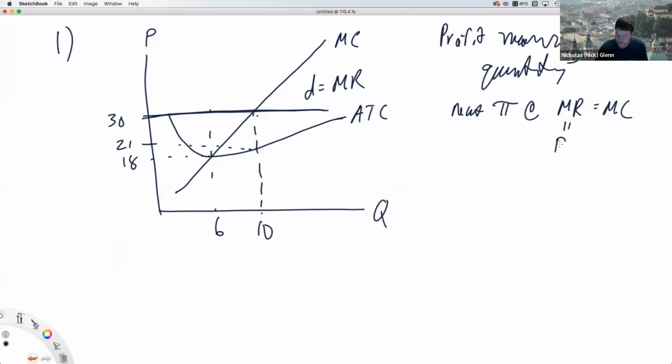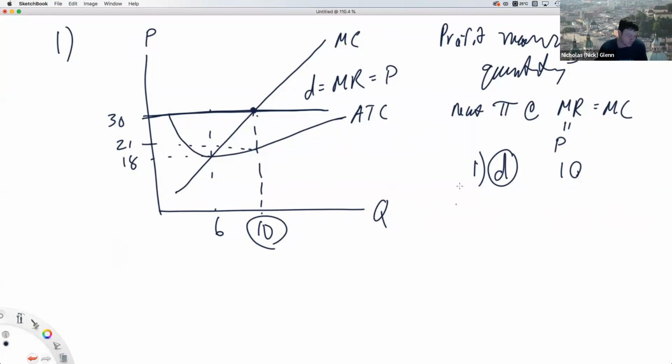And we know that here price is equal to the marginal revenue. Okay, so they're maximizing profits when the price equals marginal cost. Price 30, marginal cost, they intersect right here. And so the quantity you have is 10. And so number one is going to be D. That's 10, the quantity that maximizes your profits.